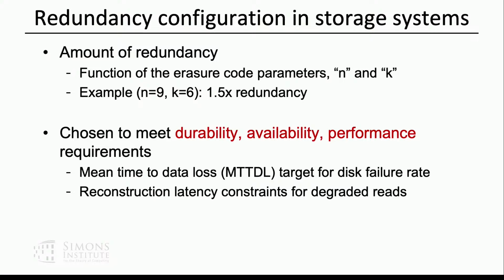That adds to the latency, and especially the tail latency. So, for example, cloud storage providers have to meet SLOs on the tail latency, and that comes into the picture in choosing these parameters. So durability, availability, and performance are all taken into account in choosing the parameters.